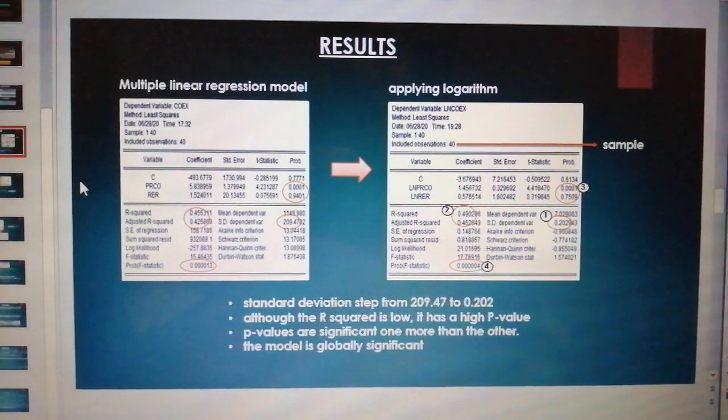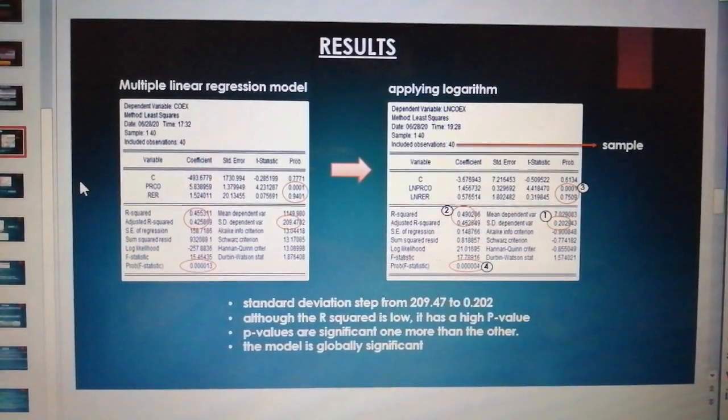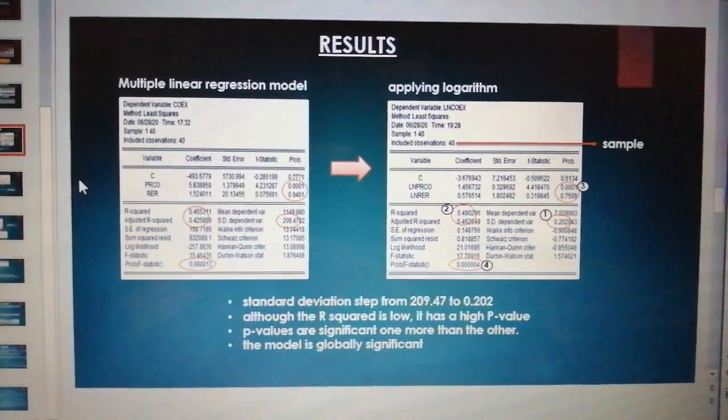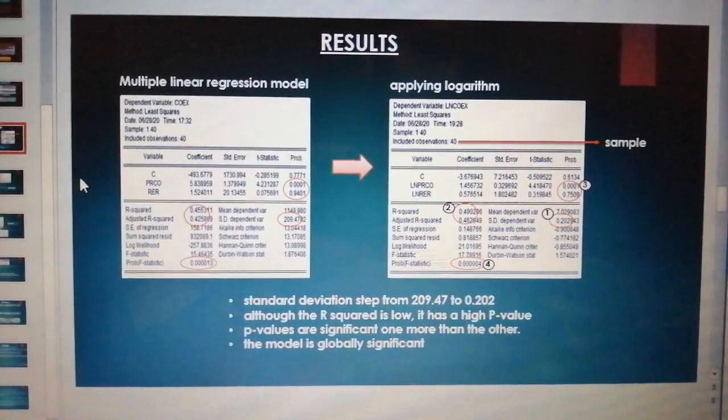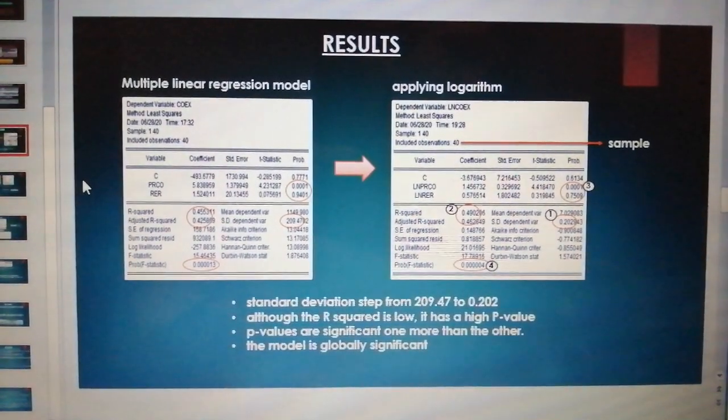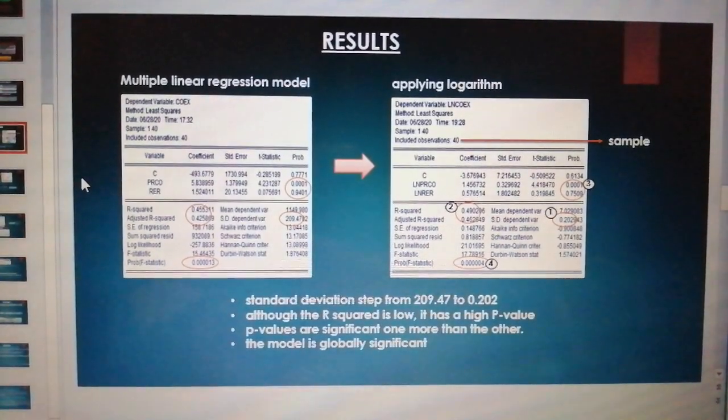Despite these results, it doesn't mean that the model is not significant, since if we look at the Fisher p-value, it is 0. This means that globally the model is significant.